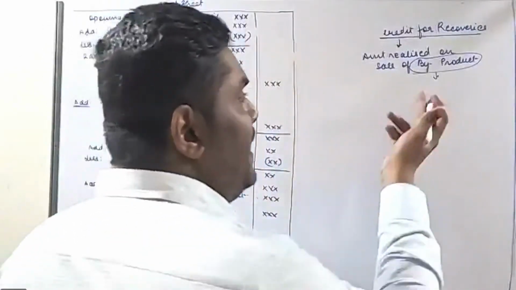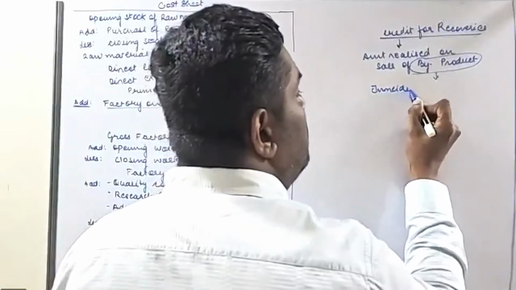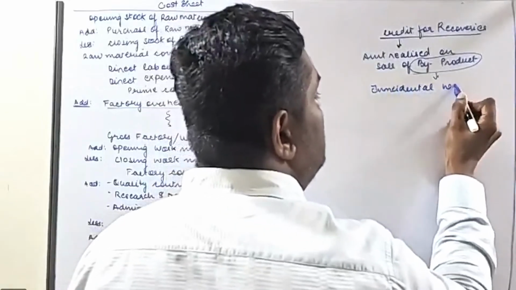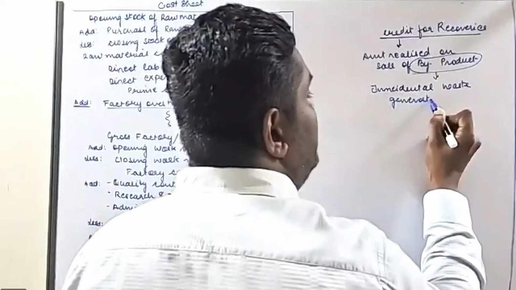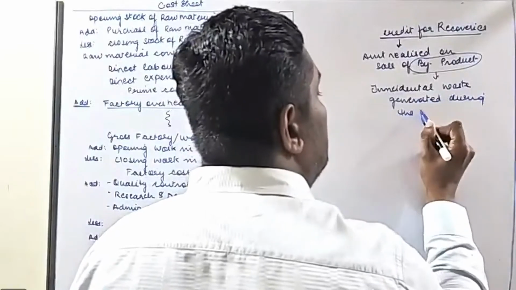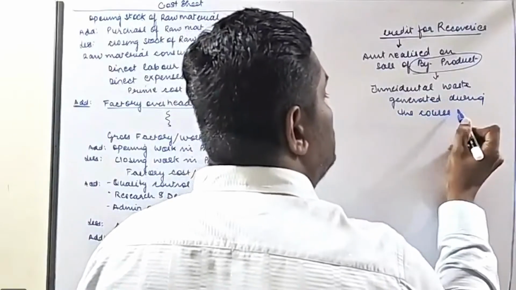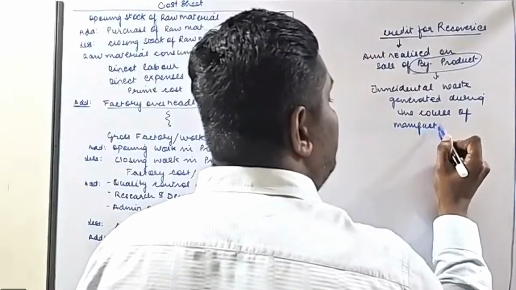So what is a byproduct? The incidental waste generated during the course of manufacturing.